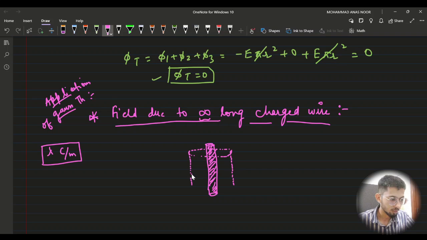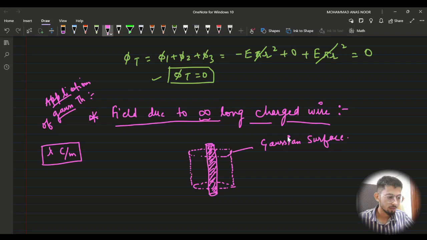I have left the top and below open, because the wire is infinitely long. This is the Gaussian surface that we have drawn around it.